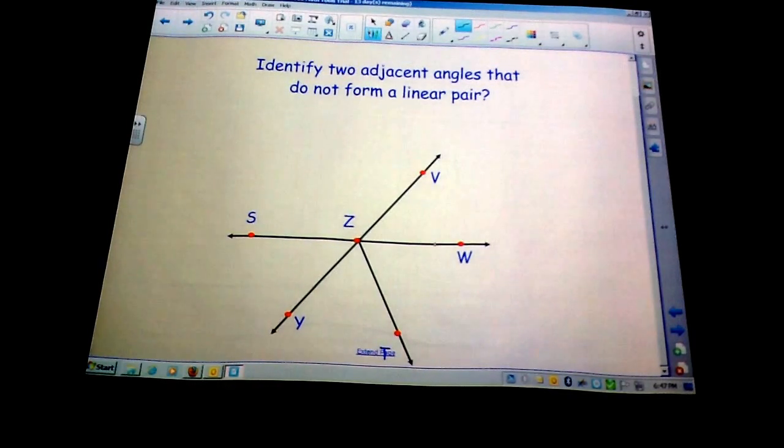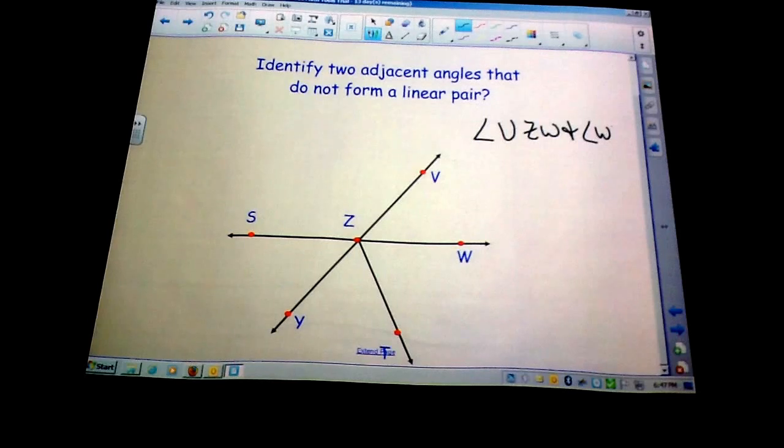If I added those 2 angles together, it wouldn't be a straight line. So I could list angle VZW and angle WZT.